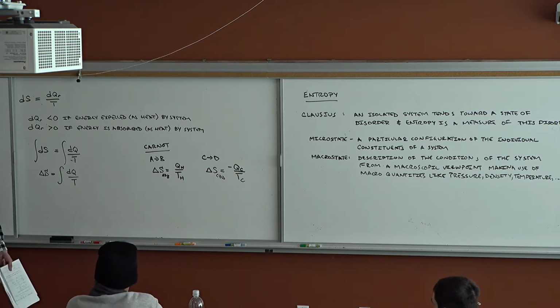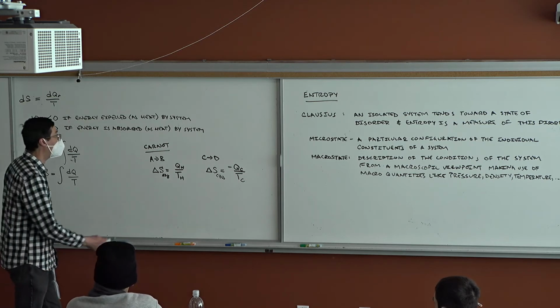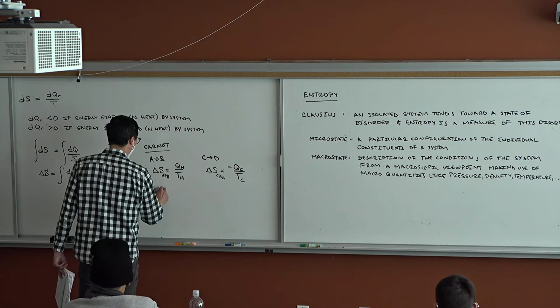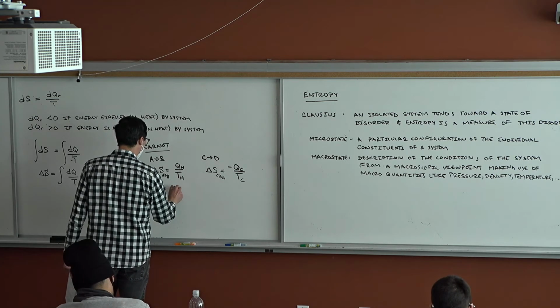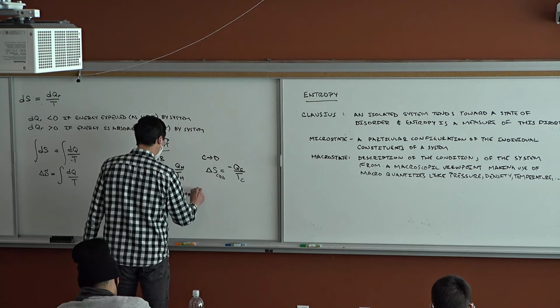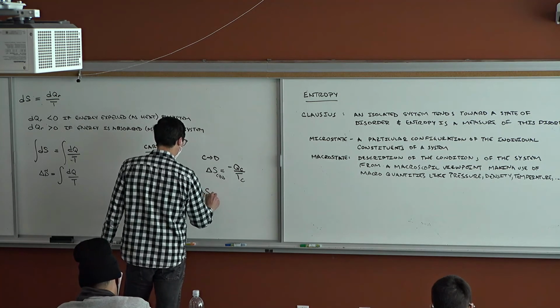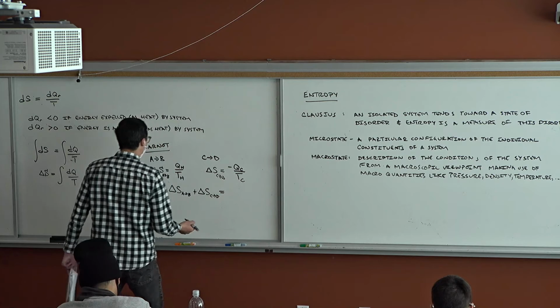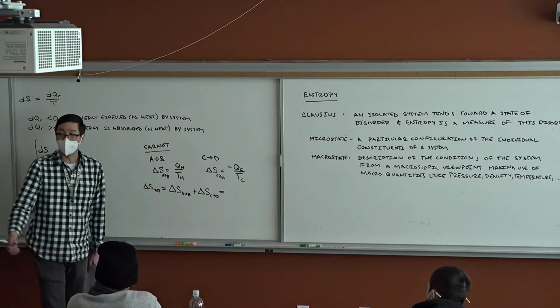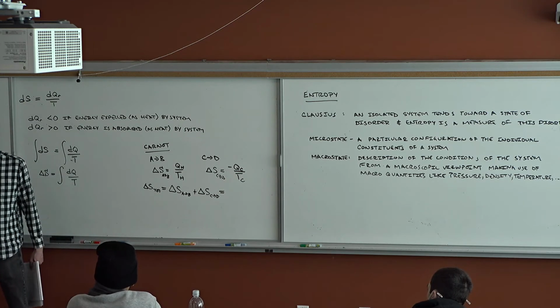Which is totally fair, but let's try another route. So delta S total is going to be delta S A to B plus delta S C to D. And I can also say that B to C and D to A, the delta S's there are 0, so I could add those in, but it's like adding 0 twice, yeah?